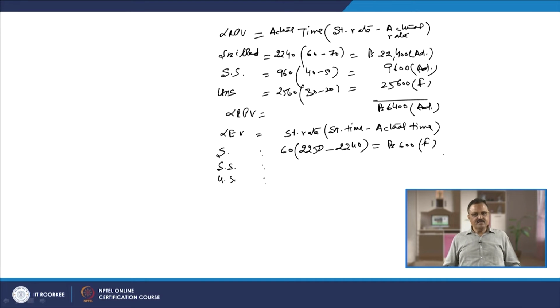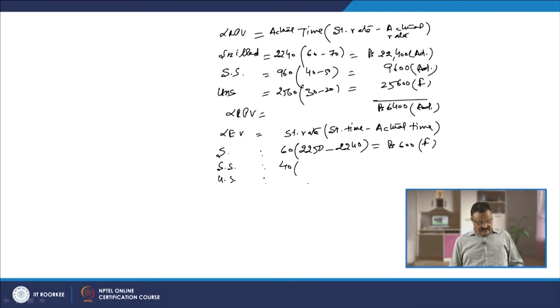We have used 5 less skilled workers because they were not available in the required amount. So, accordingly the labor weeks have come down from 2250 to 2240, and the standard rate remaining the same, your variance has become favorable, that is why a sum of rupees 600.